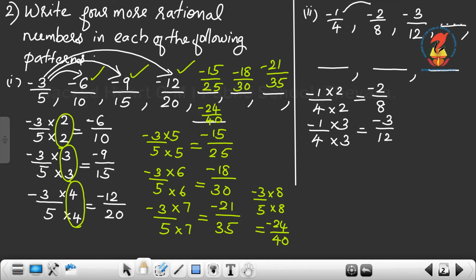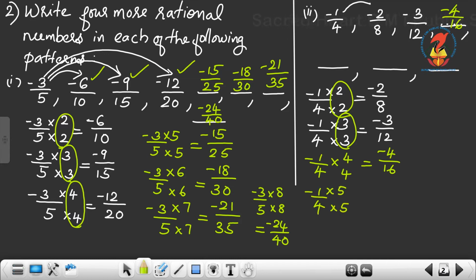So we understood that to get the next 4 rational numbers, here we multiplied with 2, here also we multiplied with 3. Now next we want to multiply both numerator and denominator by 4. So equal to negative 4 by 16. Again, negative 1 by 4 into 5.